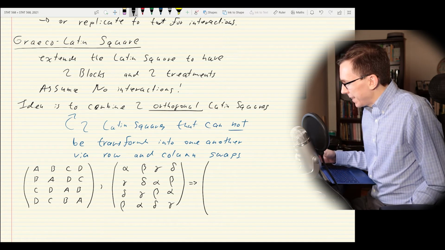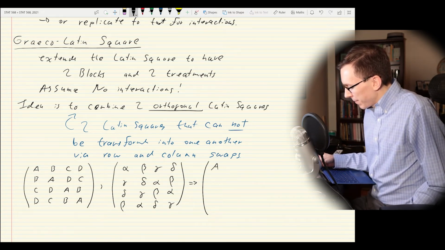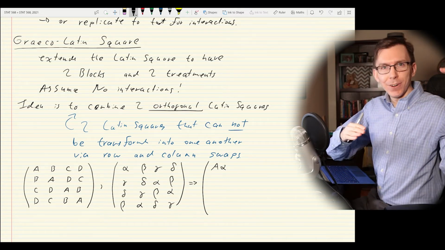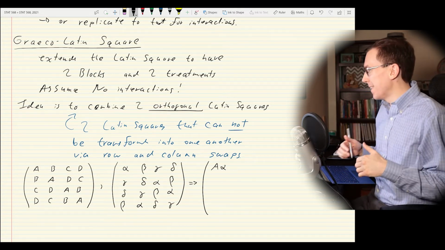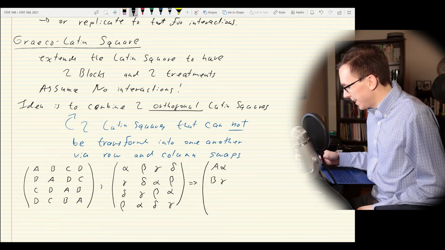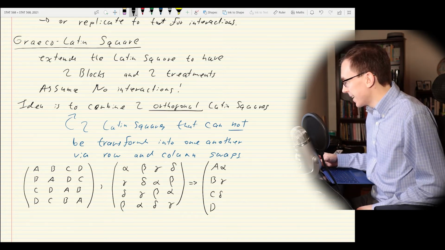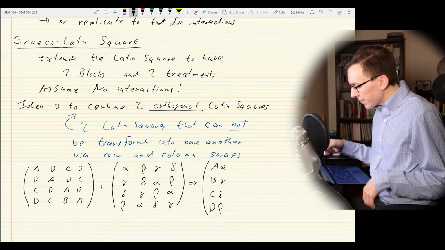And if we combine them by applying, say, factor level A alpha to the first one, and then B gamma to this one, and C delta to that one, and D beta, and so on.